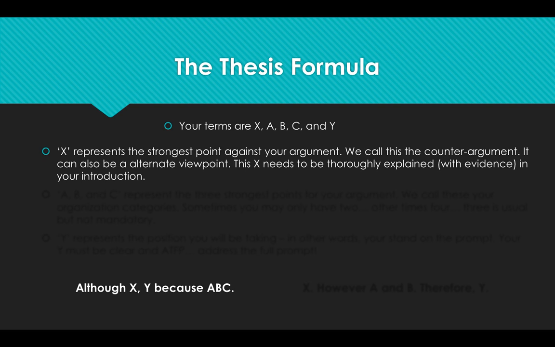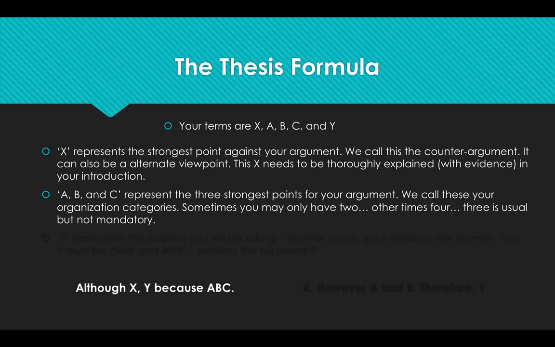So X represents the strongest point against your argument. Think of X: if you're going to X something out, that normally means that it's against, right? So it represents the strongest point against your argument. It's called the counter argument. That's that other side to the story.